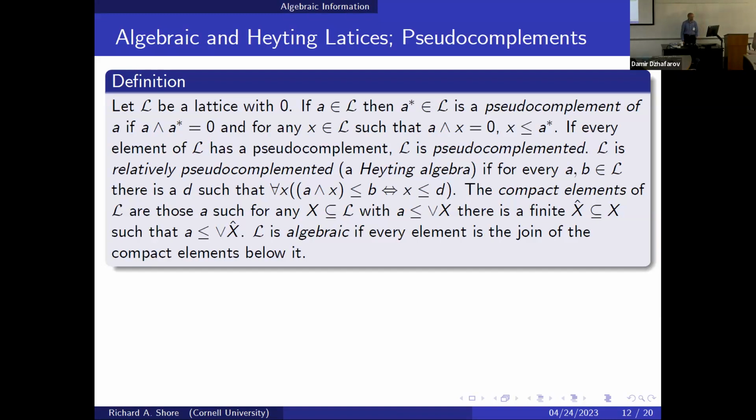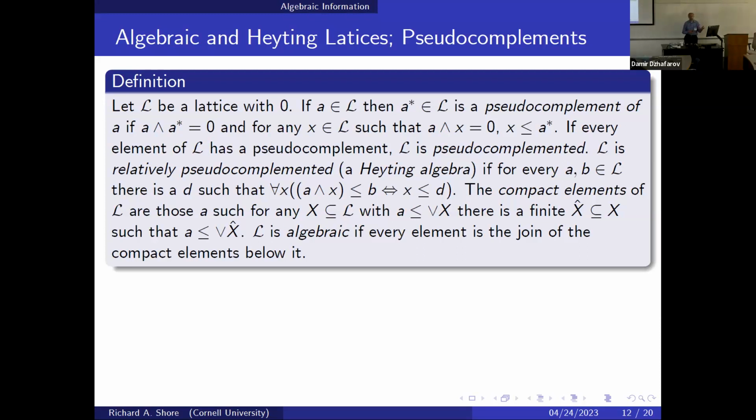Now, it turns out it has more properties. One is being pseudo-complemented, which is, this is not a complemented lattice. We already know that the non-finitely axiomatizable things don't have complements, but they have things that are almost complements. They're half of being a complement.